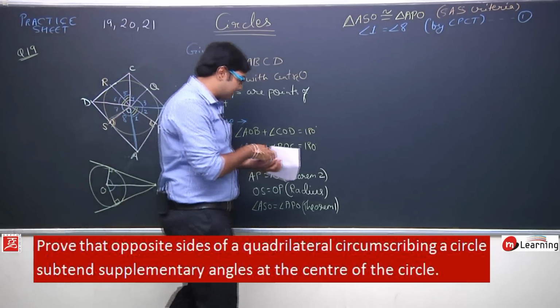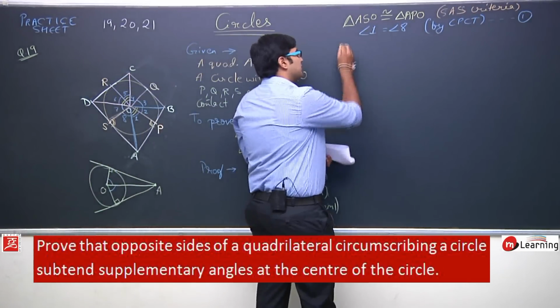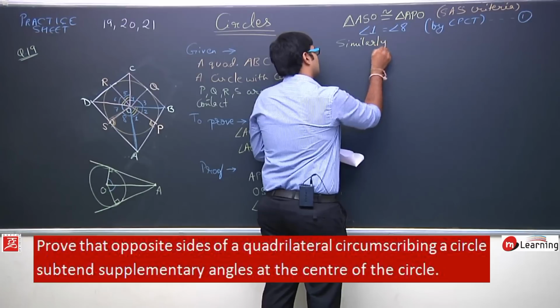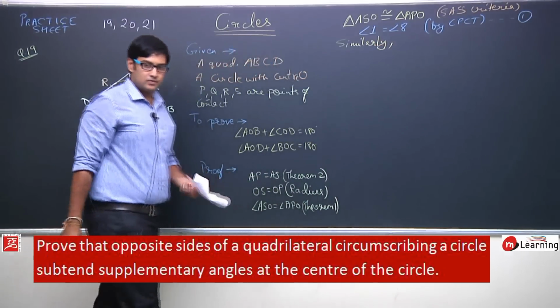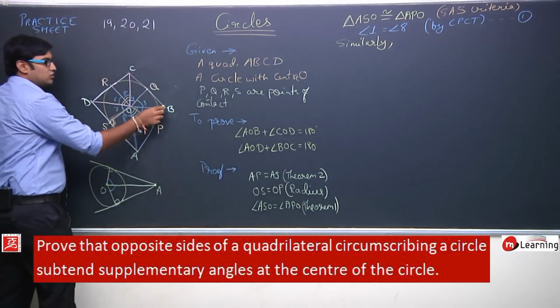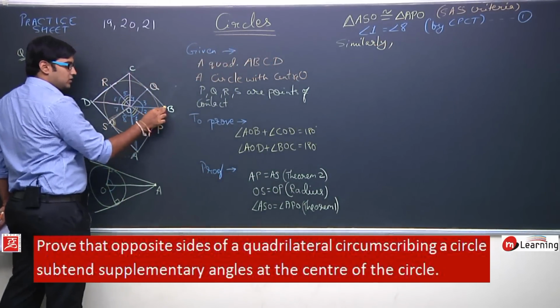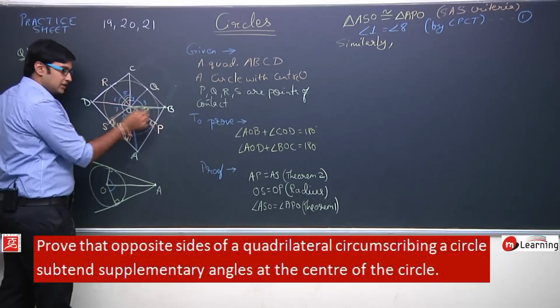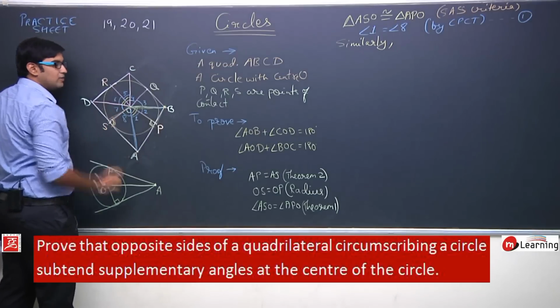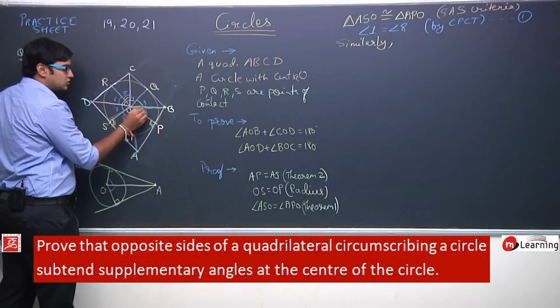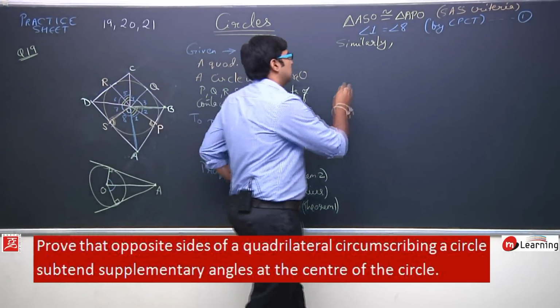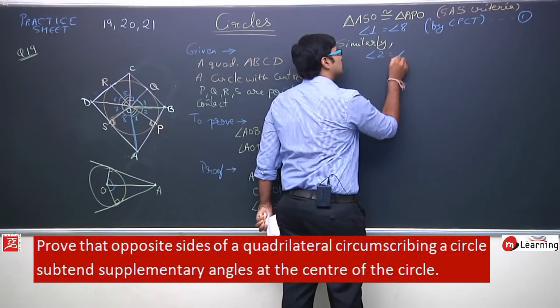Similarly, considering the two tangents drawn from point B, BP is equal to BQ. So you will have these two angles, angle 2 and angle 3, and I write angle 2 is equal to angle 3.